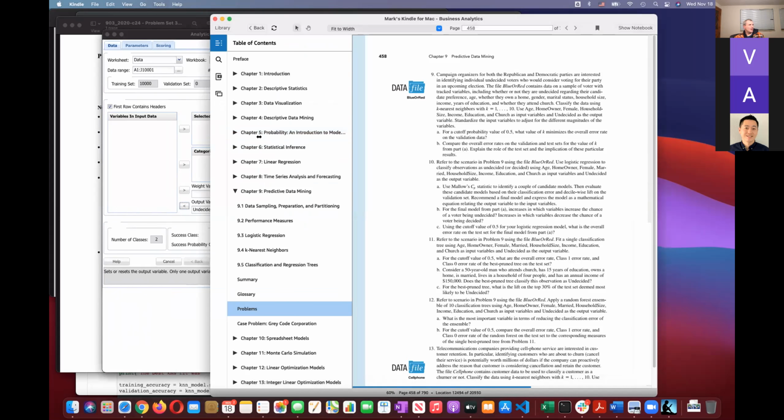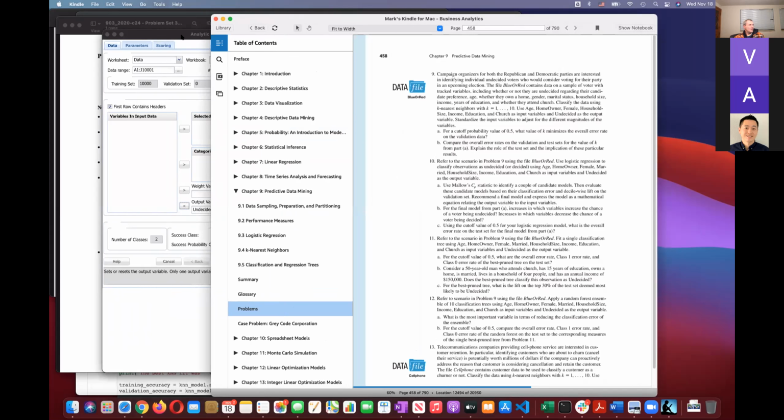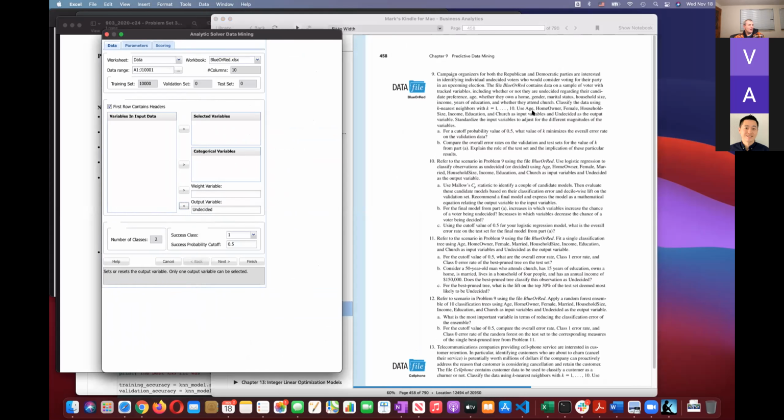And then we wanted age, homeowner, female, household size, income, education, and church over here.